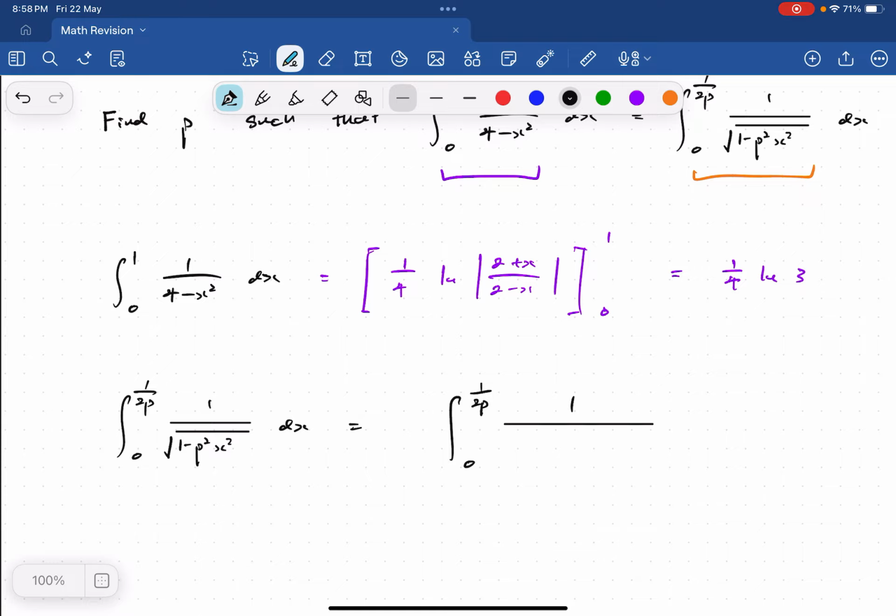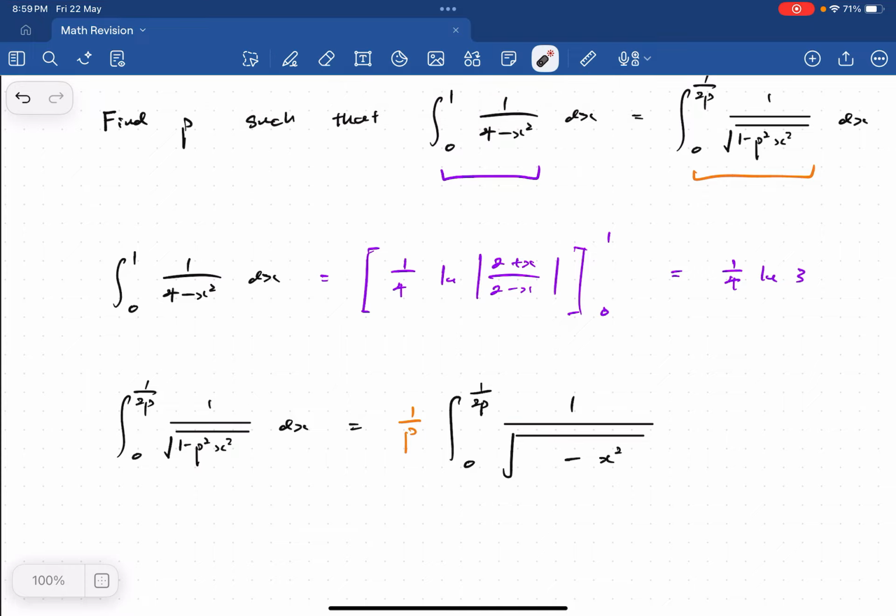All that I'm interested in is I want to change this to something minus x squared. So if I want to change this to minus x squared, it means that I have to take out, it's in the denominator, right? So it's 1 over p. Okay, I know the p is in the square root, but I have a p squared in a square root. So just take out 1 over p, okay?